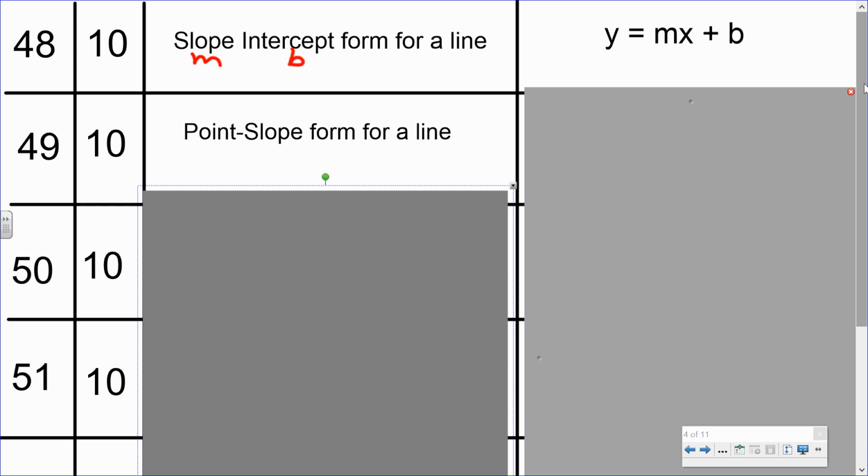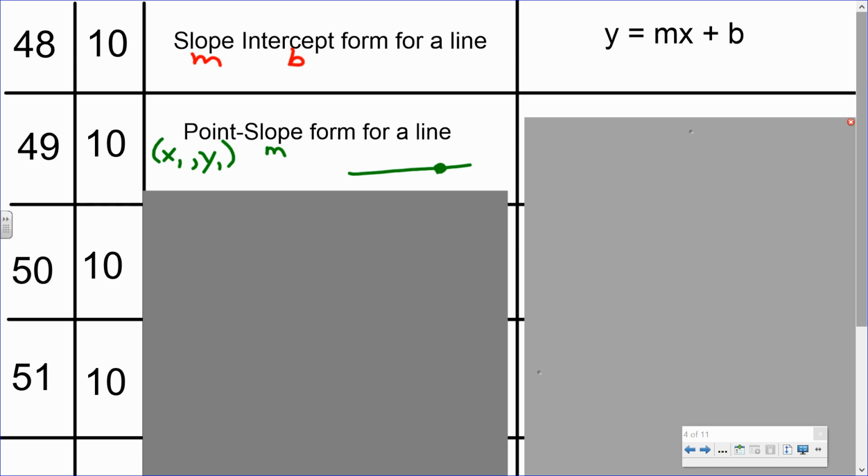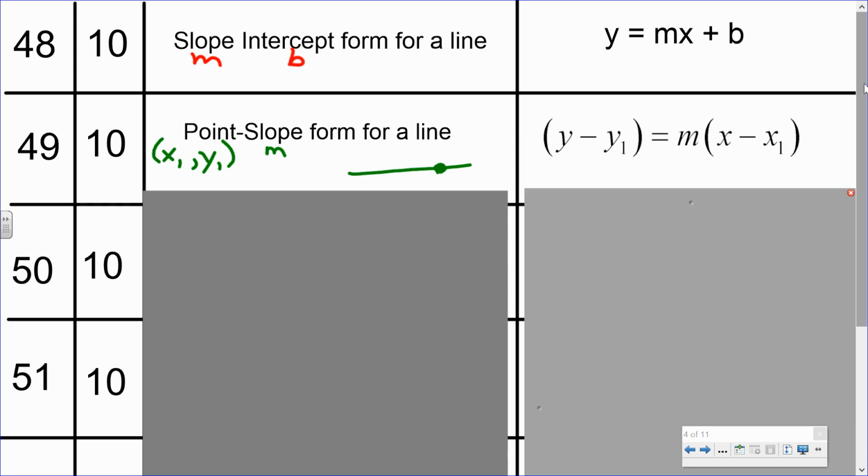Point-slope is what you will use if you know the slope and you know some point x1, y1 that is simply some point somewhere on that line, whatever its coordinates are. If you know the point and the slope, then you can write the equation in point-slope form, which is y minus that known y coordinate of the point equals m times x minus the x coordinate of the point.